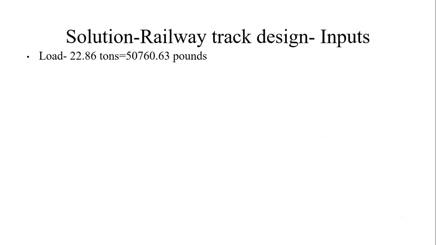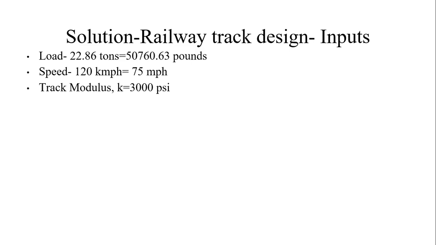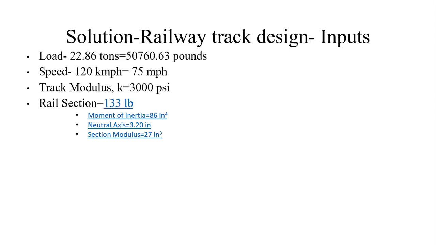Let's summarize the inputs in terms of the units needed in our analysis. What I've done is make these units compatible with our equations. We have the load, the speed, the track modulus, and the properties of the rail section.